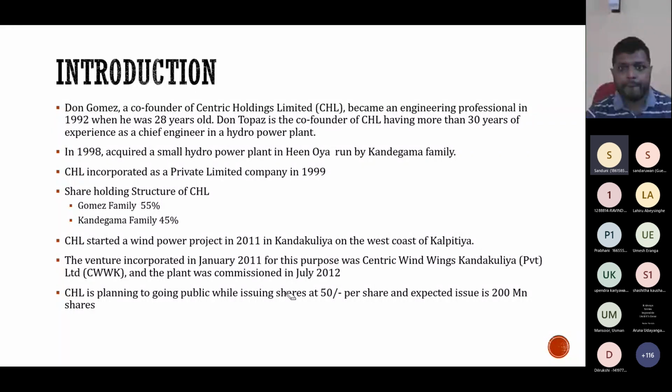This CWWK, Centric Wind Wings Conduct, is a private limited company. There's an investment company which has contributed to the equity 33% of the company, and Mr. Gomez and I think Sharma hold 5% and 6% shareholding of that company, and the balance is held by CHL.